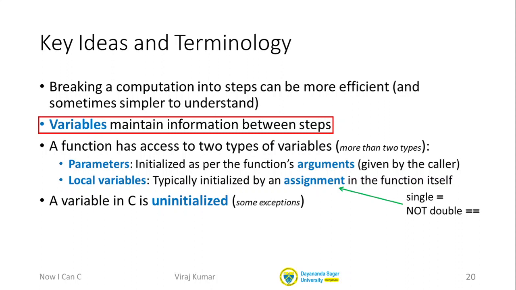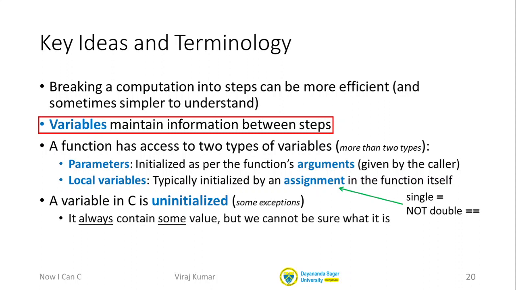And so what's extremely important is that when you want to use a variable, you must make sure it has been set to a value that you know about, because otherwise when your code runs, that variable will always have some value, and next time your code runs it may have a different value. So if you're not careful, and we will see examples of what this can lead to, then your code can run differently each time you execute it, and certainly that's not something that we like to have.